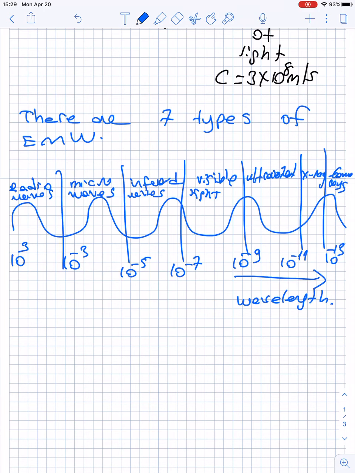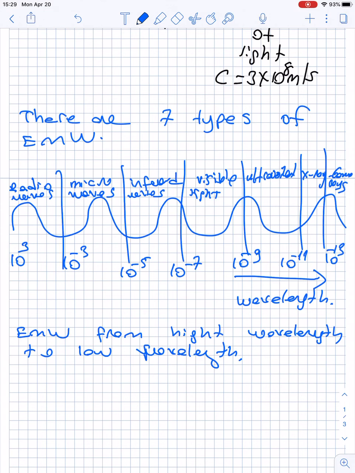And if we write electromagnetic waves from high wavelength to low wavelength. Okay, if we check, always wavelength of radio waves bigger than wavelength of microwaves.